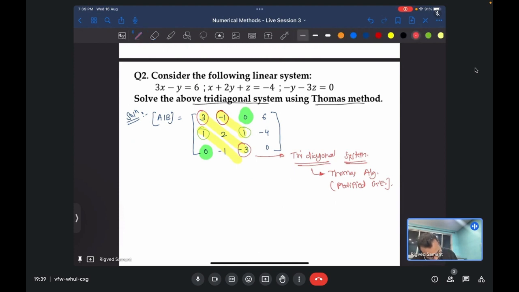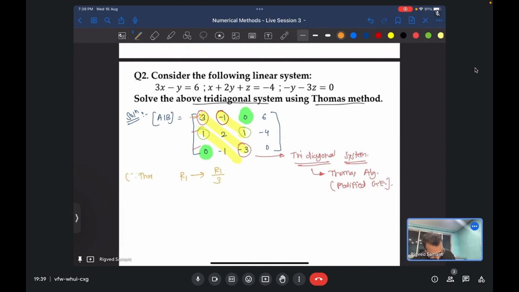We'll check this column, and this has the highest value, 3, so this is the one we are going to use. Now we have to make it 1. So what will be our step? R1 would be R1 divided by 3.